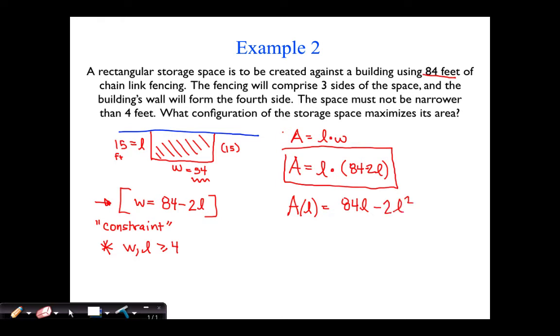So I've got area as a function of L, one of the side lengths that there are 2 of. And so this is a function whose dependent quantity is the quantity that we're trying to maximize.